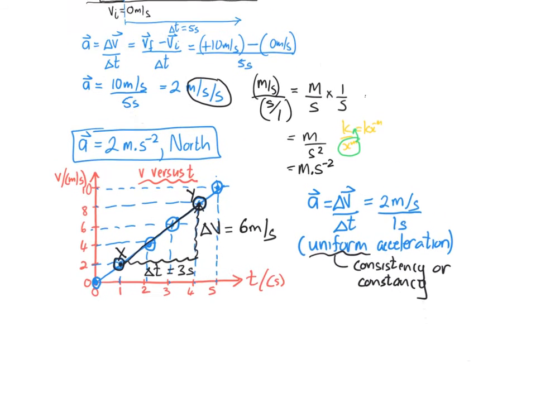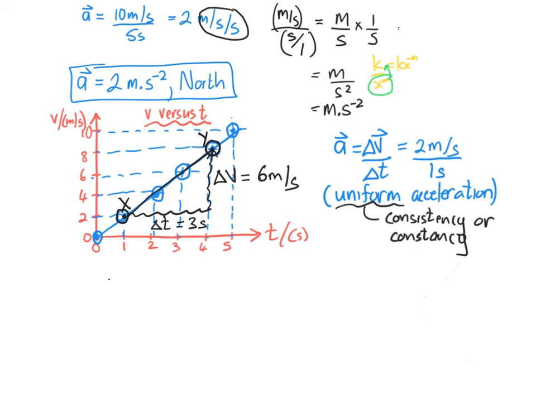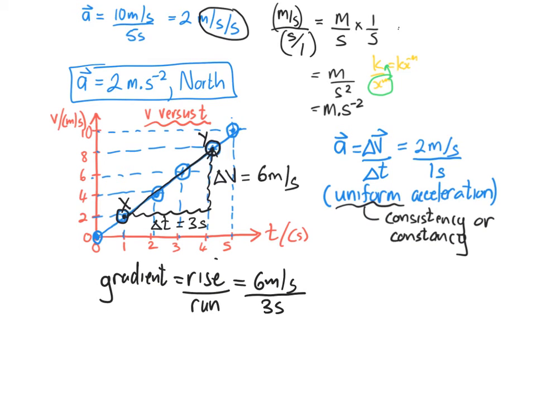So using the fact that gradient is rise over run, and the rise is the change in V, and that's the run between X and Y. The rise is 6 meters per second, the run is 3 seconds, and 6 divided by 3 is 2, and meters per second per second is meters per second squared.